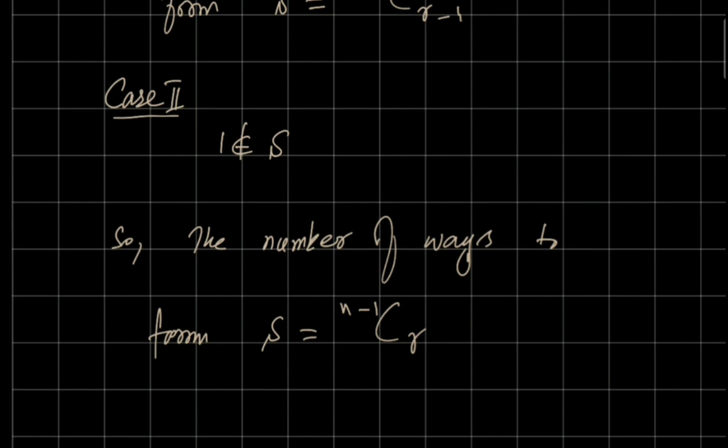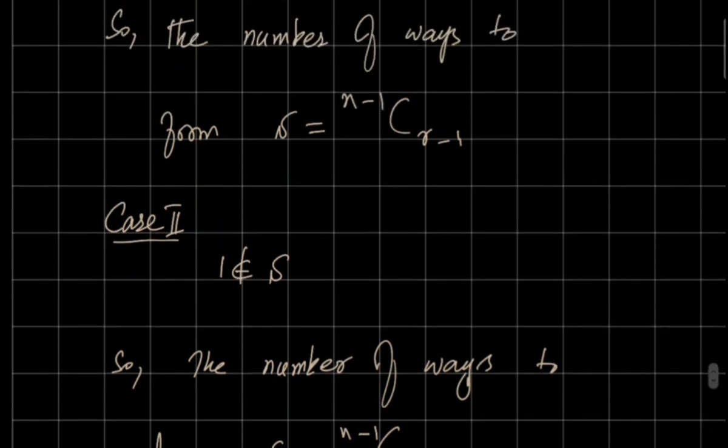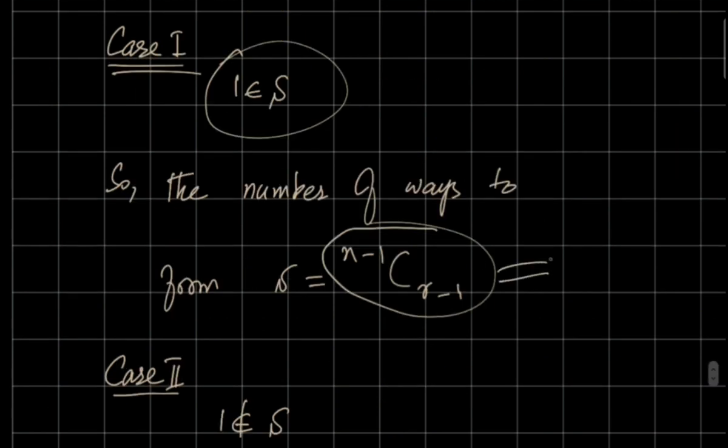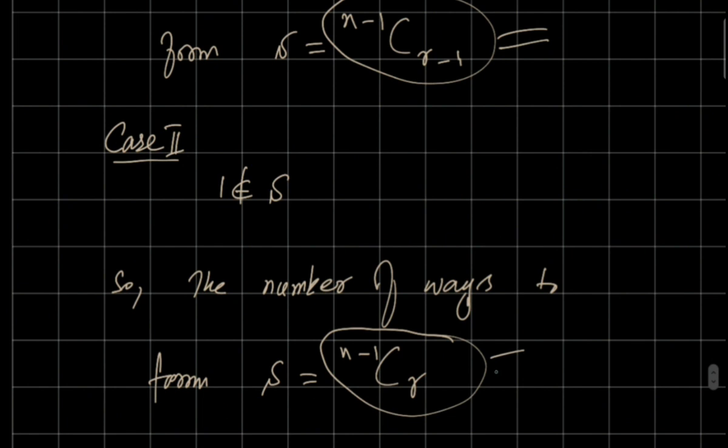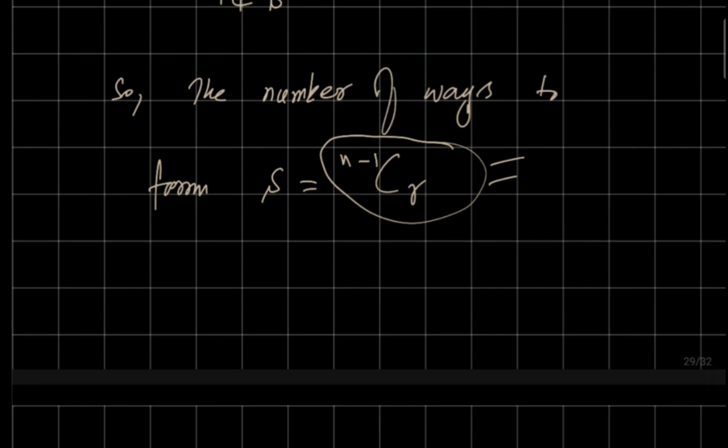So we have two ways to find S. This is one way, in which we need 1, and these are the combinations in which we don't need 1. So by the sum rule of counting we can find the total number of combinations.